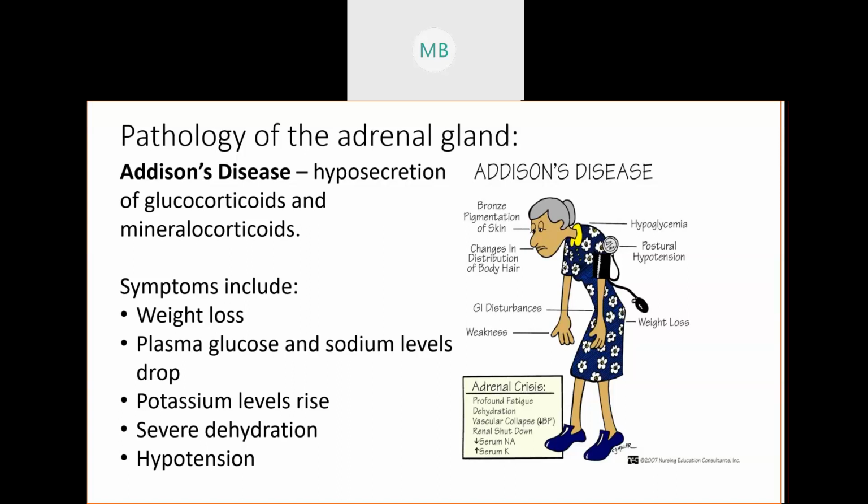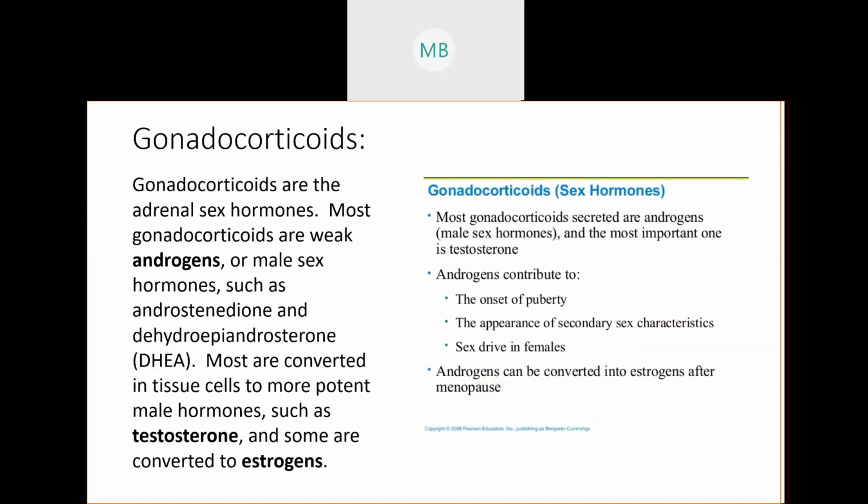And your potassium levels will also go up. So this needs to go to a doctor. They will need to address your low blood pressure, and they will give you medicine to help with the Addison's disease.